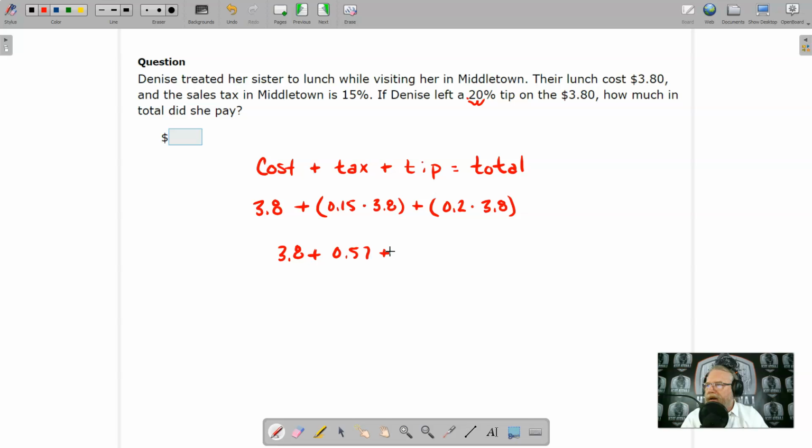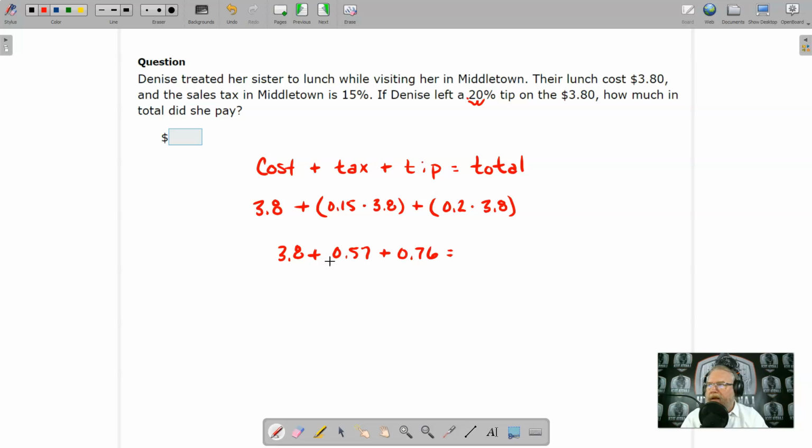0.57. Now I need to add that to the tip here, right? 20% is 0.2 of $3.80, so 0.2 times 3.8 is going to give me 76 cents, 0.76.